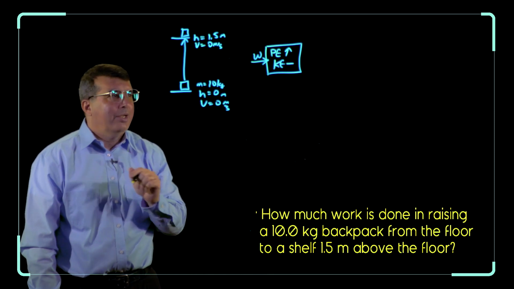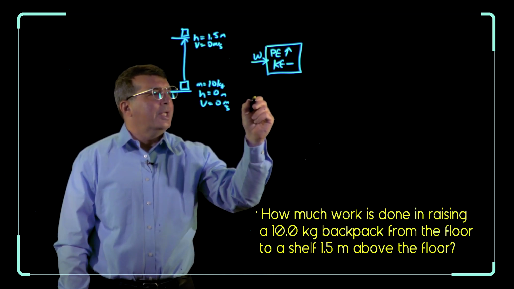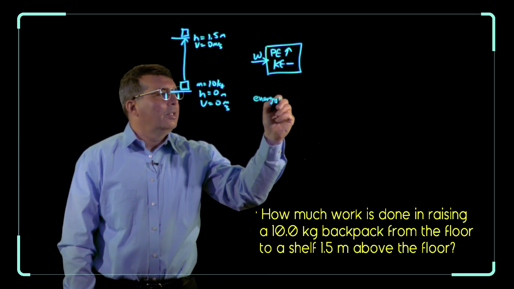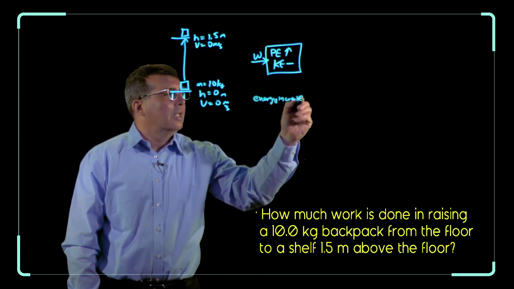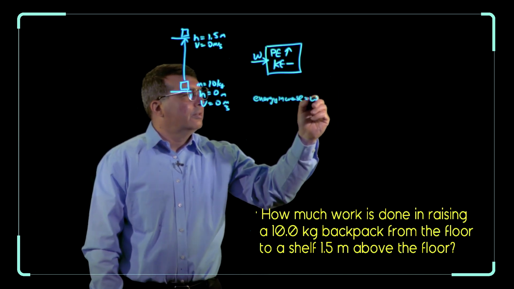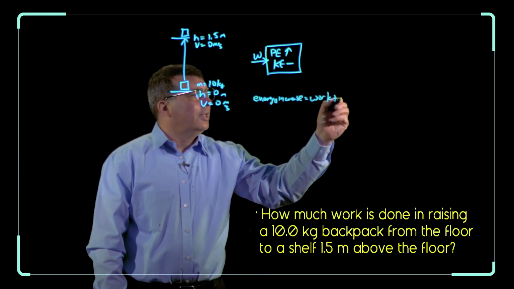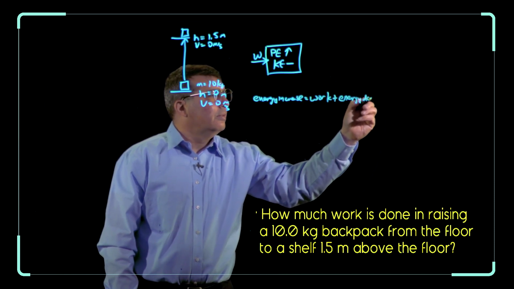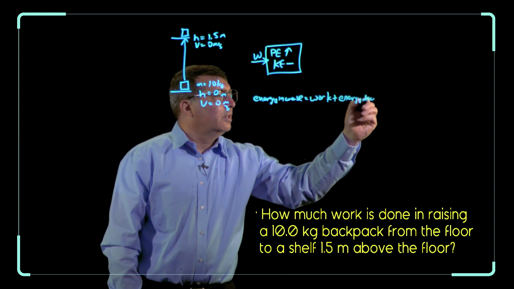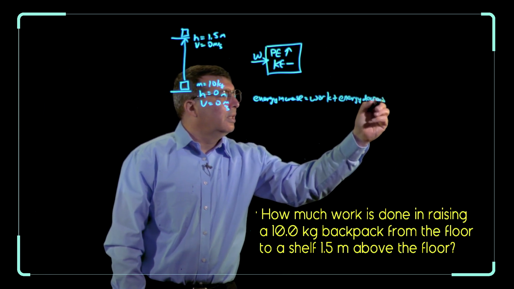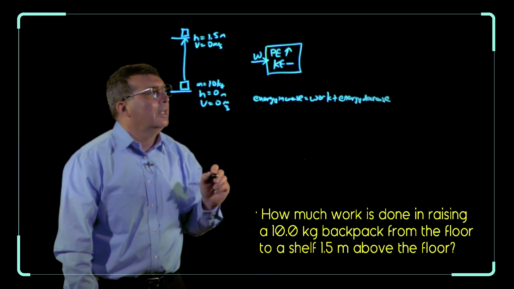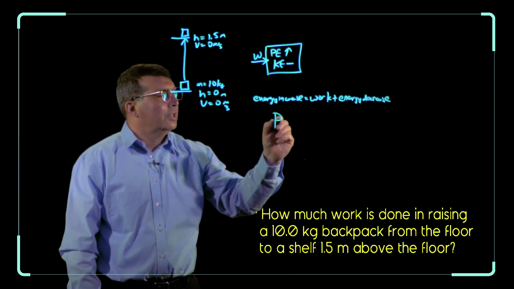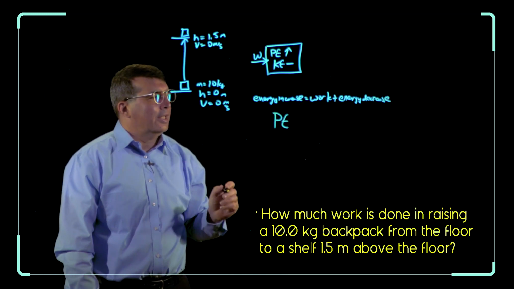So now we apply our energy principle, and our energy principle says energy increase equals the work done plus any energy decrease. Okay. The energy increase is the potential energy. That is what increased.